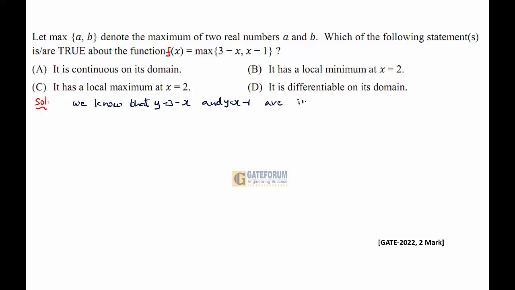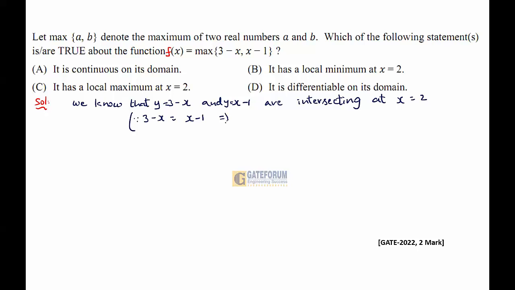They are intersecting at x is equal to 2. See that. Since 3 minus x is equal to x minus 1 at the point of intersection of two curves, when the y's are equal, equate the corresponding right-hand sides.